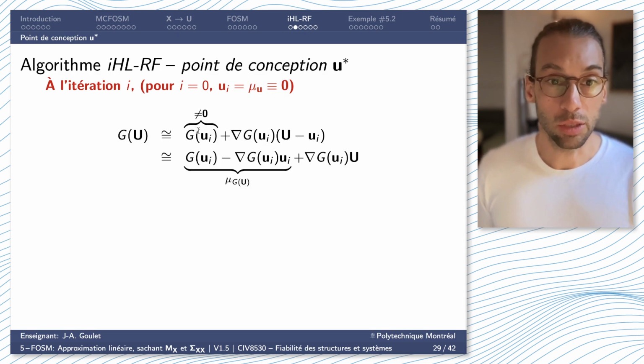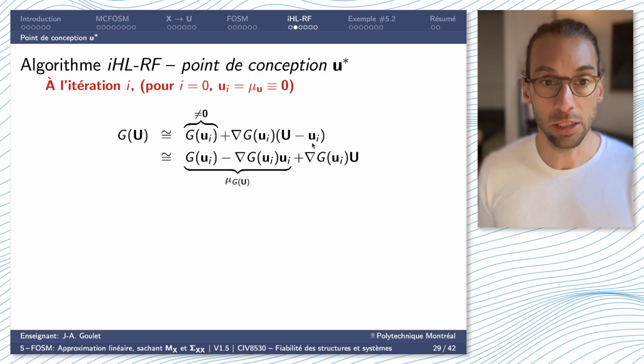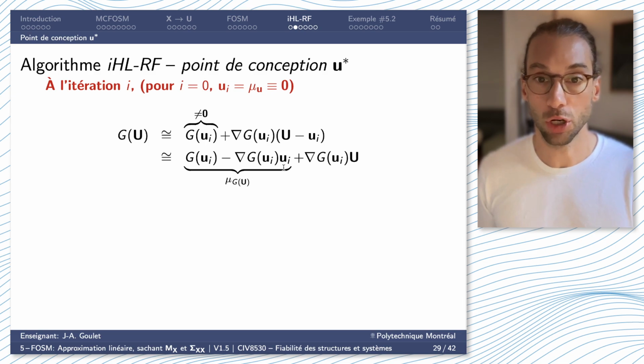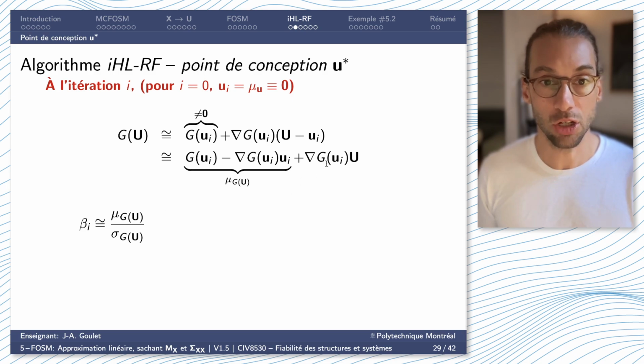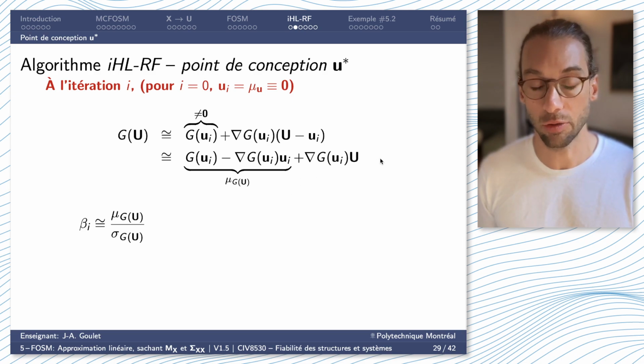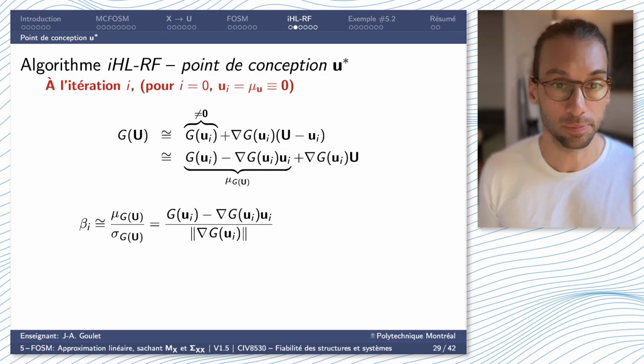So what we're going to do is expand this gradient into the parentheses. We're going to multiply it in, and regroup all the terms that are constant. That's going to be now the mean of g of u. And then we're going to say that beta is the mean of g of u divided by the standard deviation: gradient times identity times gradient transpose, square root of all this.